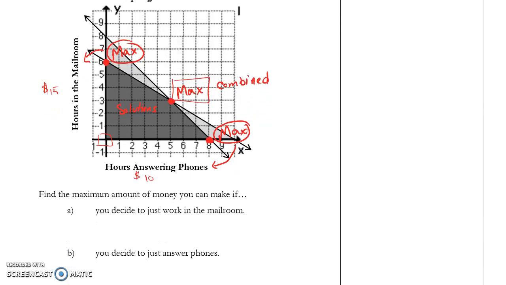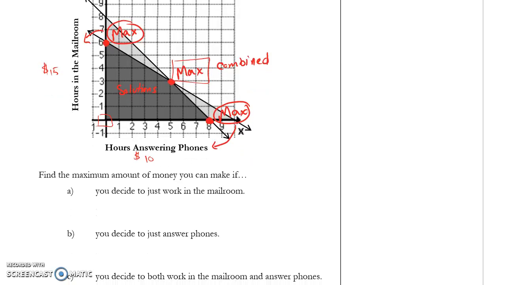So, as the boss is sitting here looking, they're saying, I want to balance this out. What if I say I want you to work the maximum amount of money you can make if you tell them, no, I'm not answering phones, I will only work in the mailroom. That means you are going to answer the phones for 0 hours. But the maximum for the mailroom is represented by your y-axis in this case, because the mailroom hours is on your y-axis.